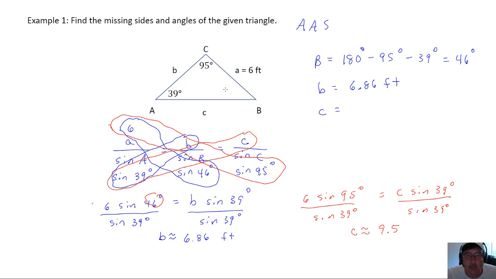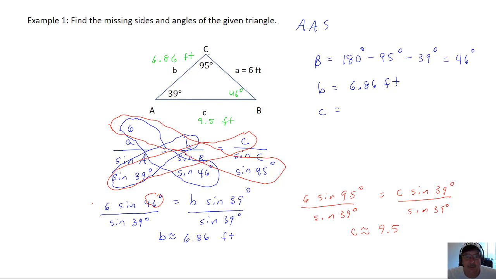So let's look at one other thing before we move on to the other examples here. So we found that side B was approximately 6.86 feet, and side C was approximately, rounded to 2 decimal places, 9.5 feet. And angle B here was 46. So this completes the whole triangle here. And I wanted to point something out before we moved on.